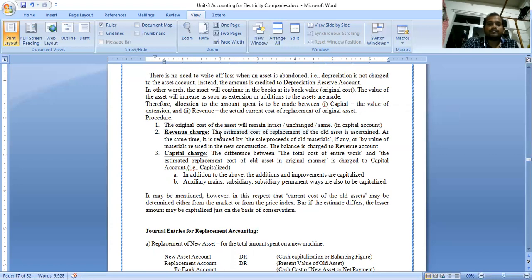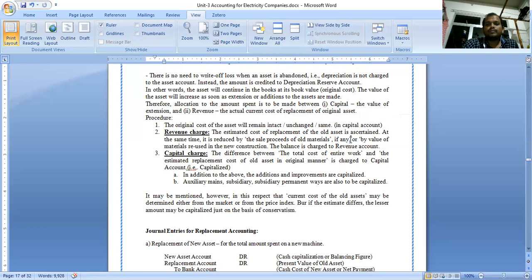At the same time, it is reduced by the sale proceeds of old material. See, we are replacing the old asset. So what is today's value of that old asset, and if we sell it, how much we realize? In the sense, the cost will be reduced. Say we have a car.